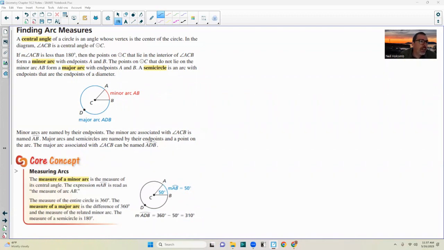Find arc measures. A central angle of a circle is an angle whose vertex is the center of the circle, as said on the last page.